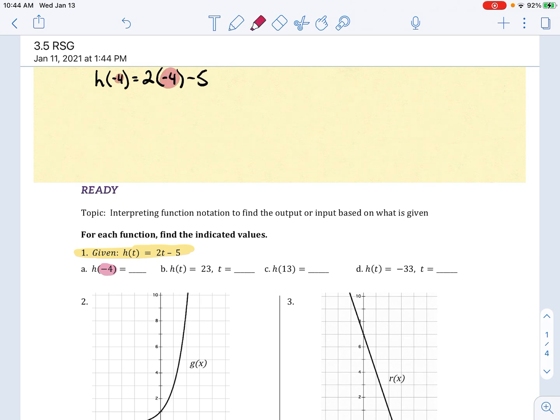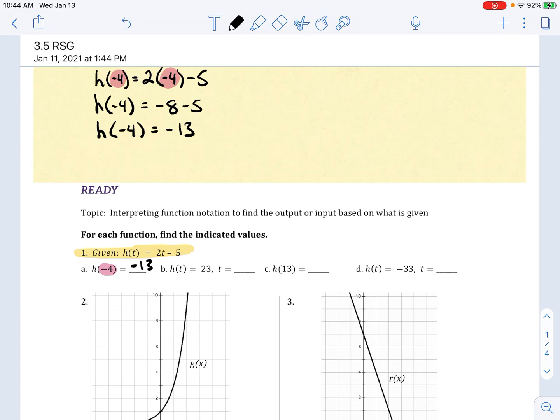I've simply replaced t with negative 4, and now I'm going to solve for my output. So with the input of negative 4, 2 times negative 4 is negative 8 minus 5. h of negative 4 equals negative 13.